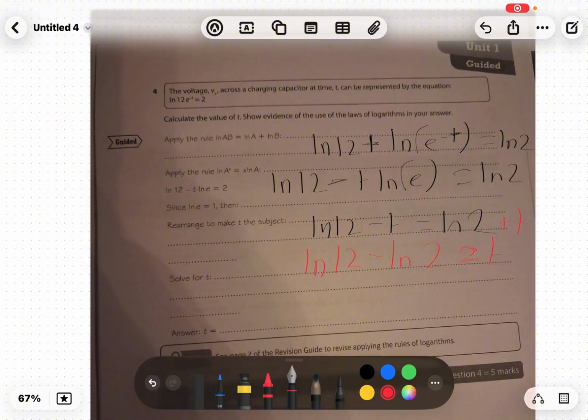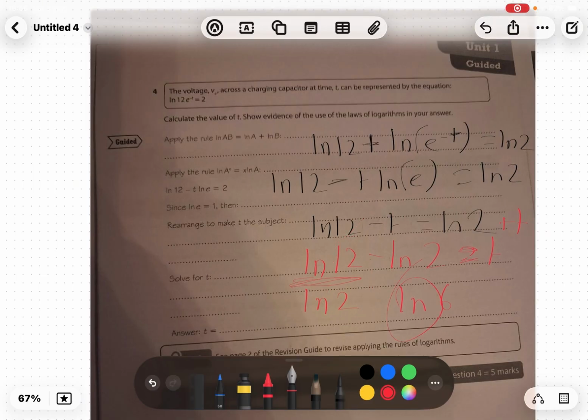And after that, oh, we're able to divide these. That's the law, ln2. We could find out the numbers and then divide them, but we're able to just put ln6 because these divided give 6 and the log is still the same.